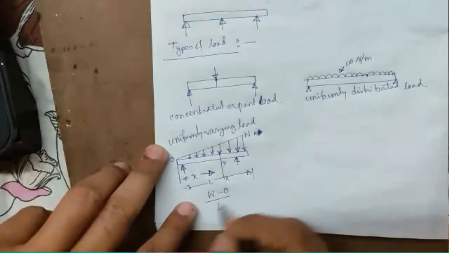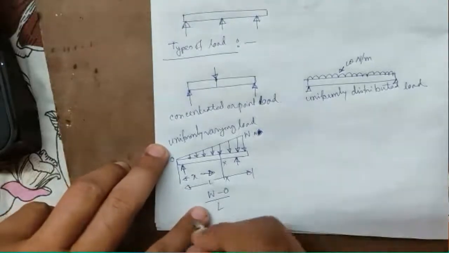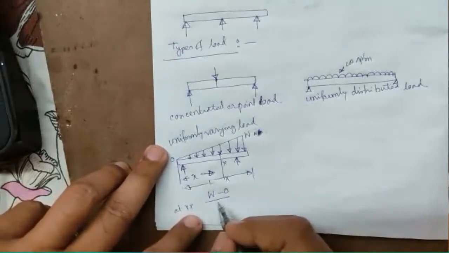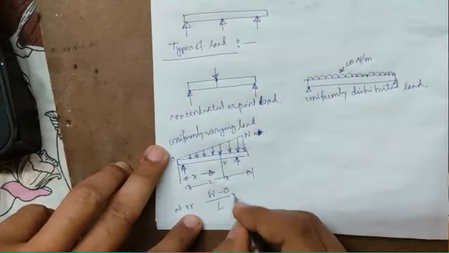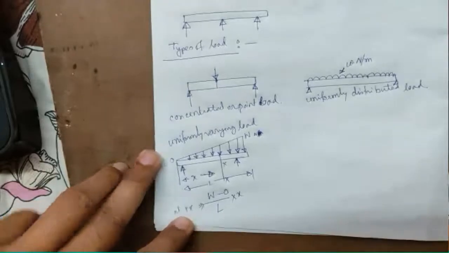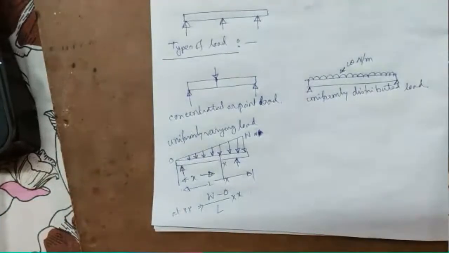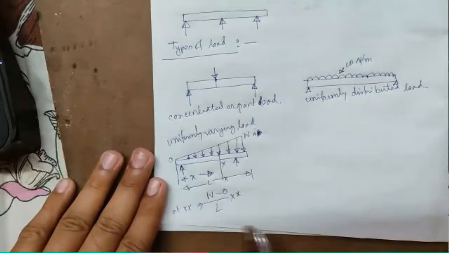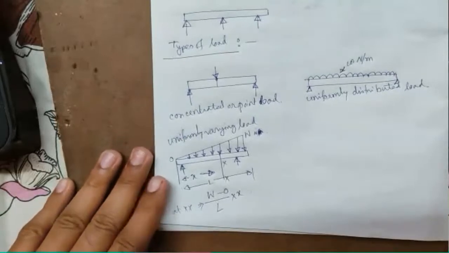So for x length at xx, the load will be W minus 0 by L into x. Very simple way we can find out the loading at any section. However, we will solve problems on it and discuss more elaborately.